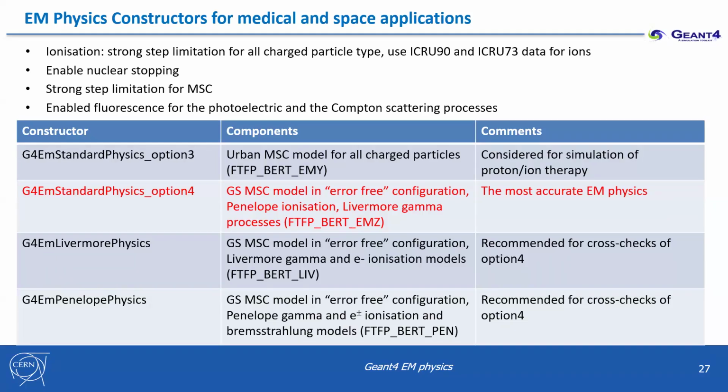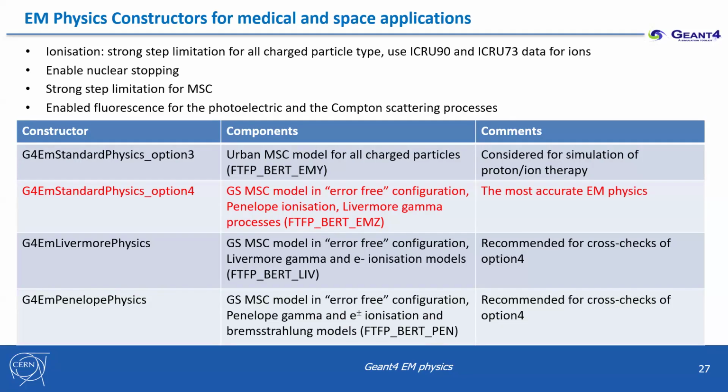We combine in this configuration the most accurate known electromagnetic models. For example, internally there is Penelope ionization for low energy, Livermore gamma processes. There are other special definitions. We try to be as accurate as we can, but this list is slowest.